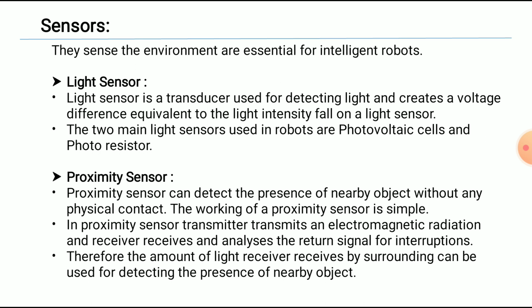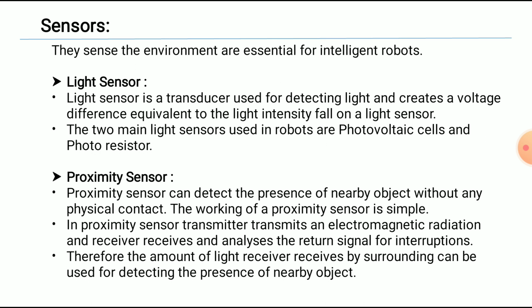The second type of sensor is the proximity sensor. Proximity sensors can detect the presence of nearby objects without any physical contact between them. The working of this proximity sensor is simple and easy.